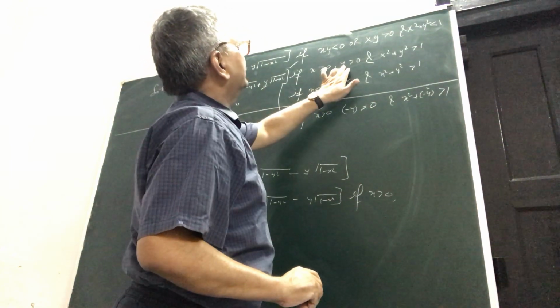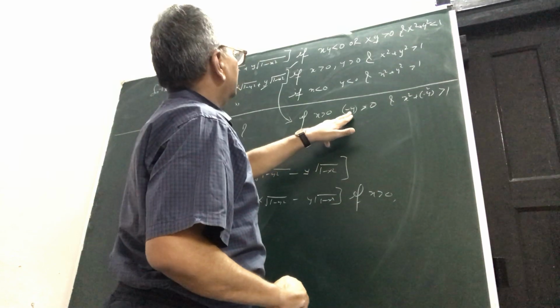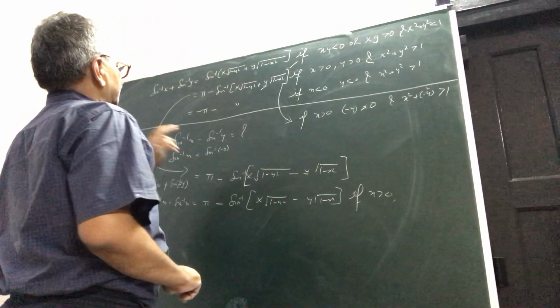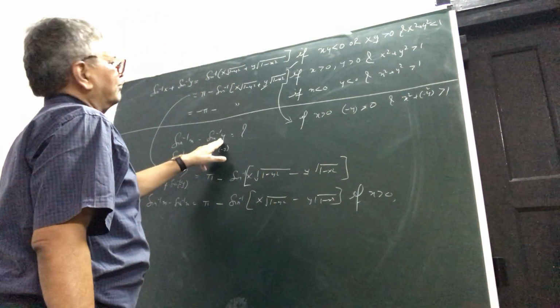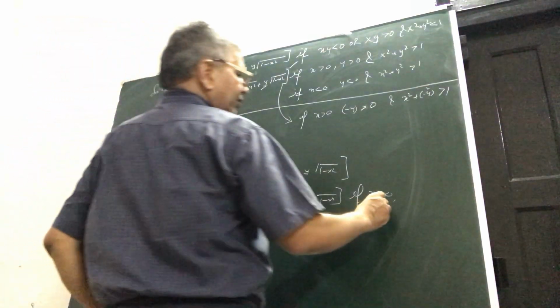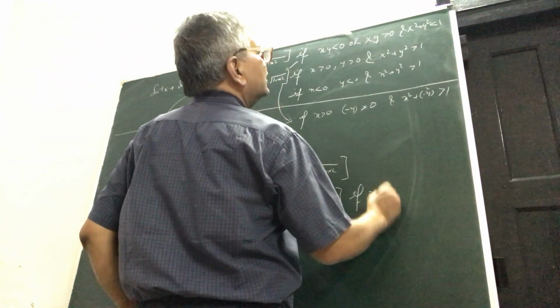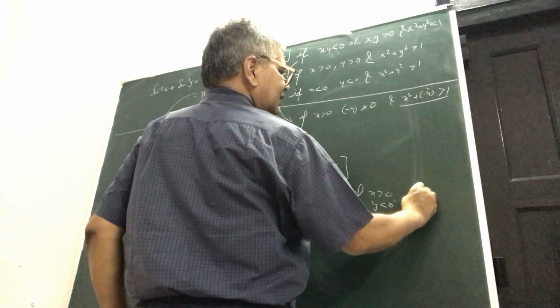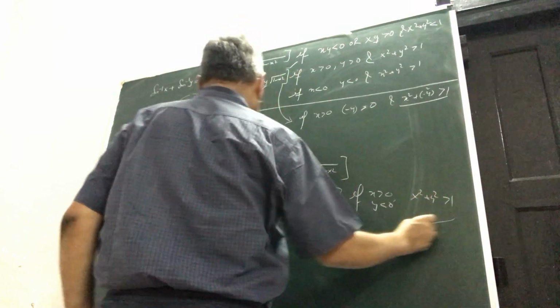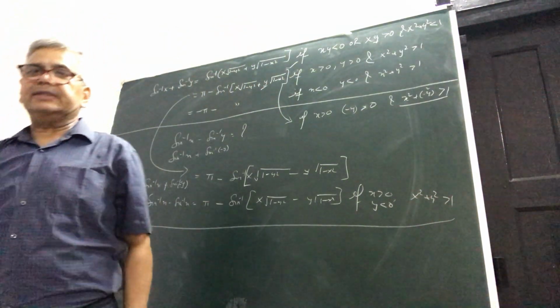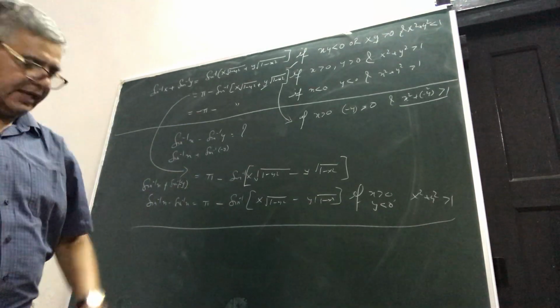Please see, yes, minus y is greater than 0, so y will be less than 0 and x square plus y square will be greater than 1. This is what you would be doing for obtaining this type of result.